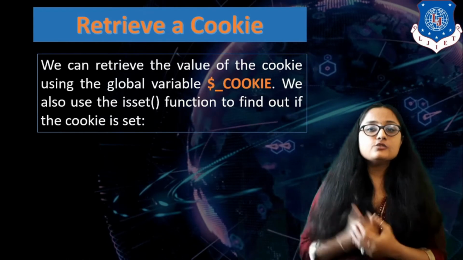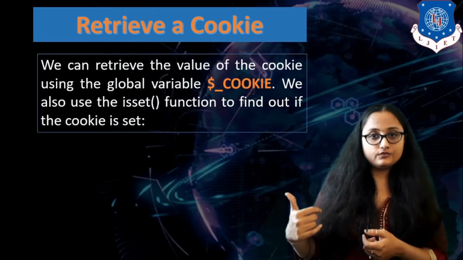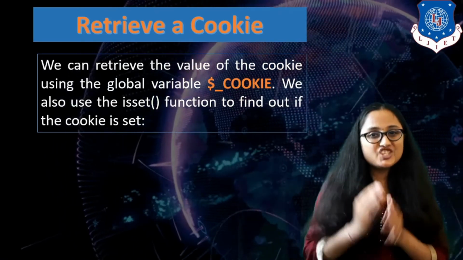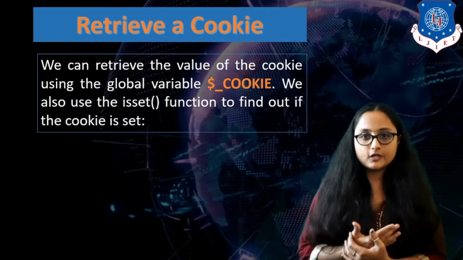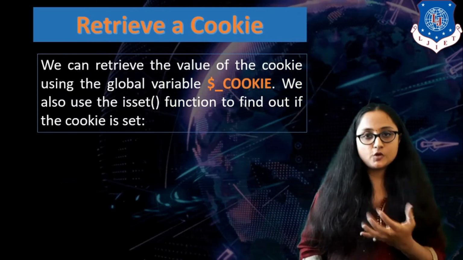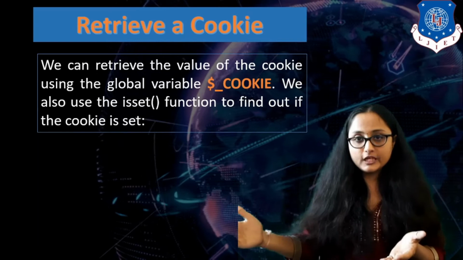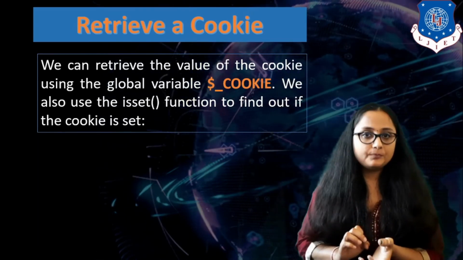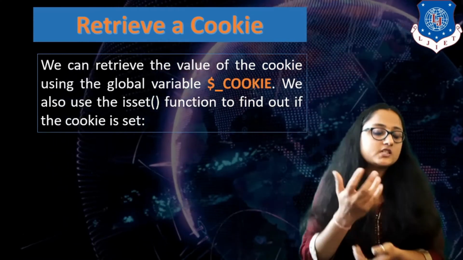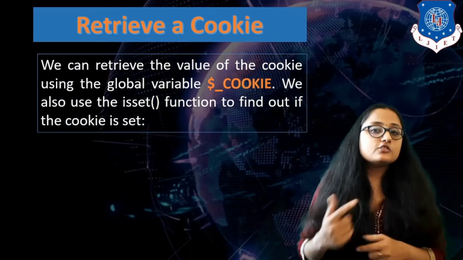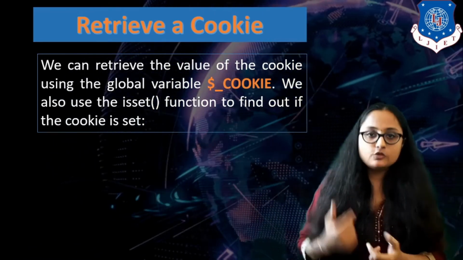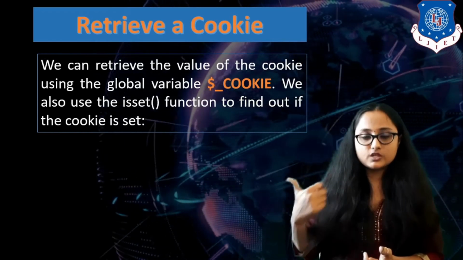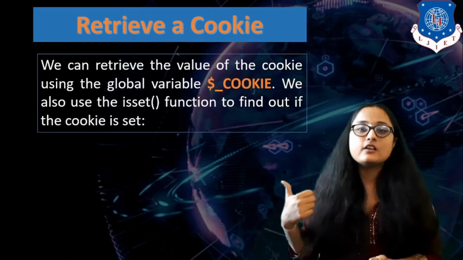Also we can use the isset function before retrieving a cookie to check whether your cookie is set or not, right? Because sometimes it is possible that you have not set the cookie but still you are trying to access the value of that cookie. Then will you get the value, or what is the error that should be displayed? So before retrieving the cookie, you can check whether your cookie is set or not using the isset function.